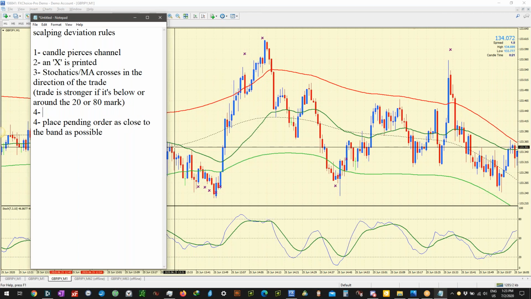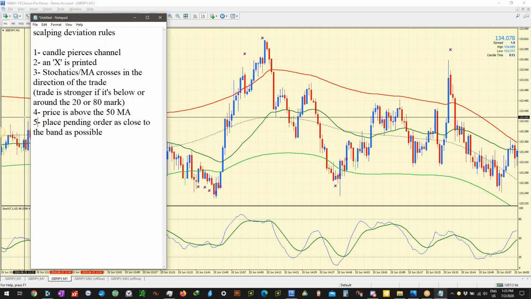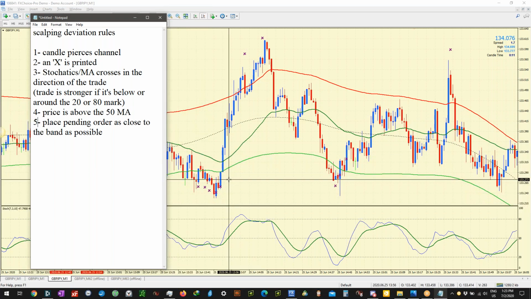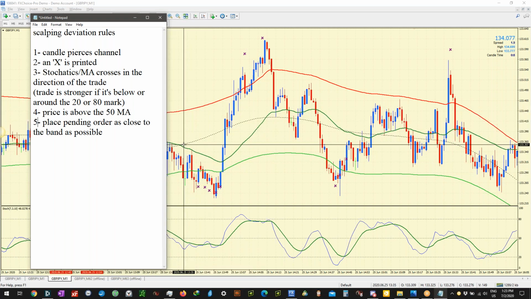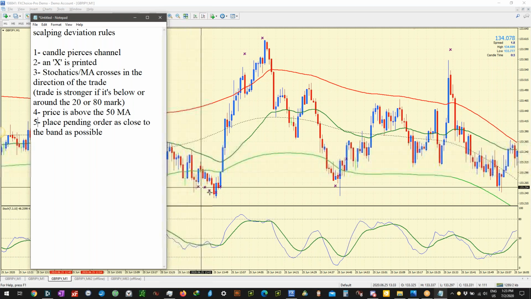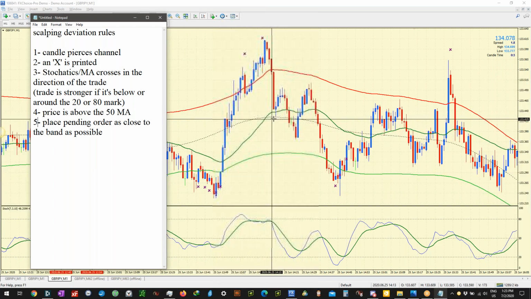Okay, and now I want to show you a small little trick. You see this dotted line here? When you have a cross in MT4, if that dotted line starts to point up, well, this is turning, right? And this is flat right here.